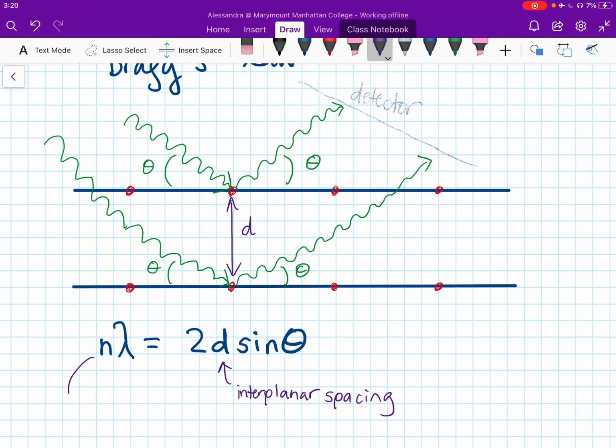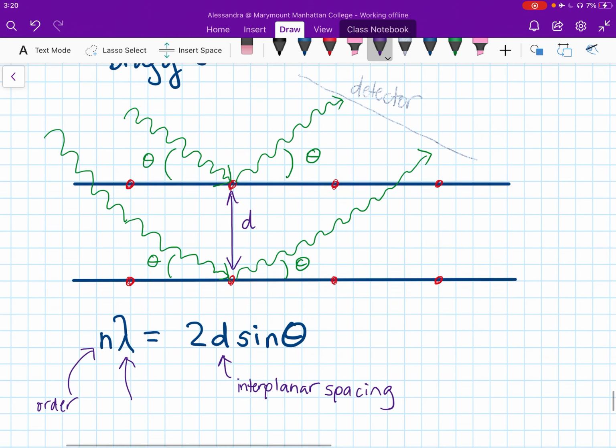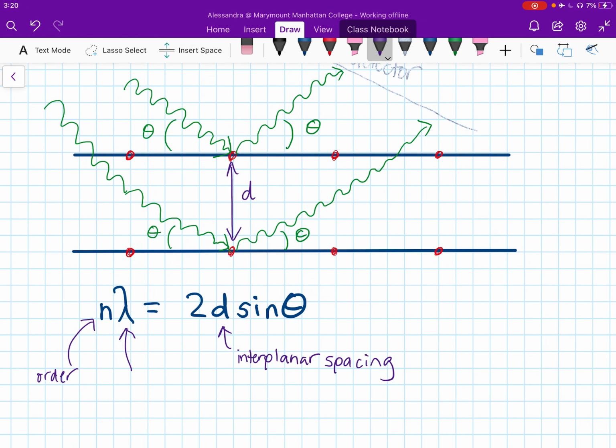N is the order of diffraction. This is usually given to you as an instrumental thing, so that's not something you're generally asked to calculate. The wavelength is the wavelength of the incoming X-rays. X-rays are a high energy, short wave form of radiation.